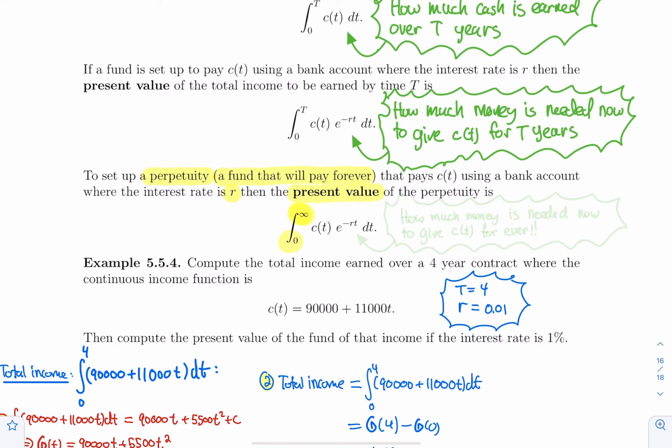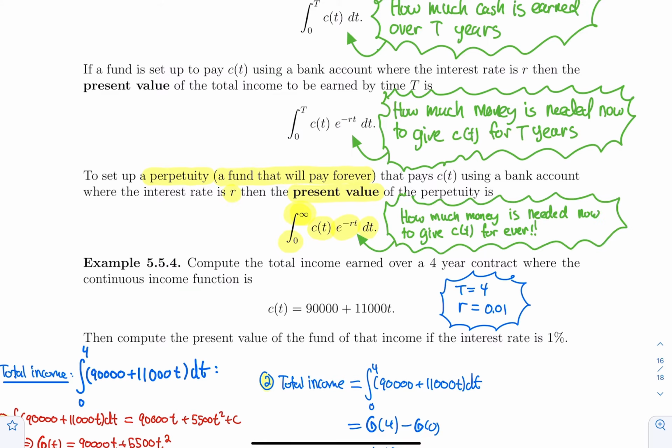So that's an improper integral of c(t) e to the minus rt dt. That improper integral of type 1 is going to compute for you how much money is needed now to give away c(t) forever. Okay, that's a perpetuity setup for us.